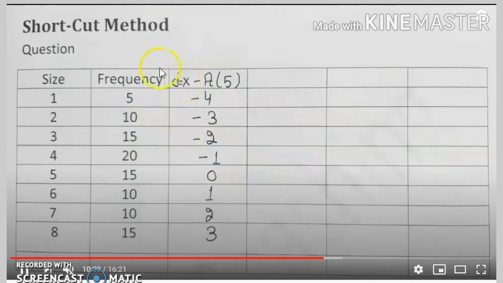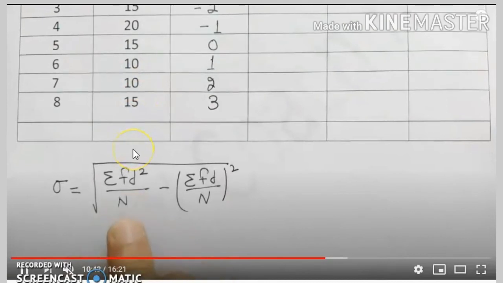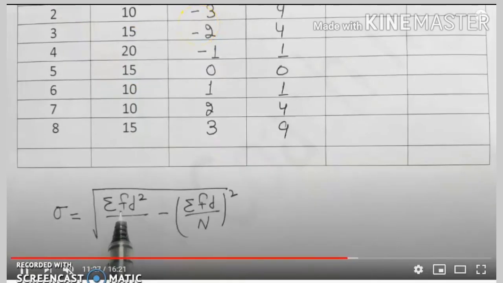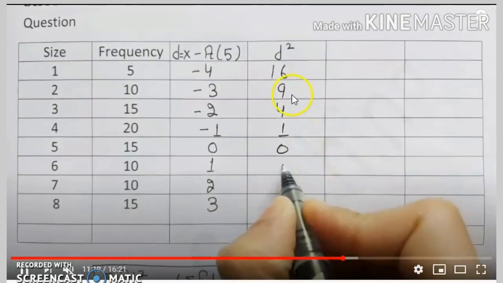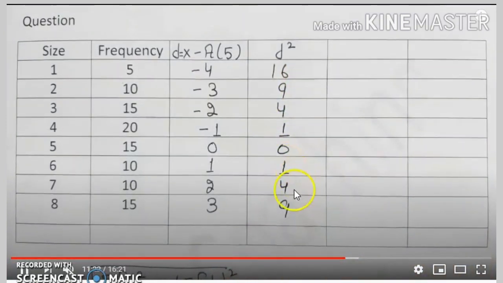Then we need fd, as per the formula. Then fd square we need. So the next column is fd. In the fd column we have to find the d square. So what is the answer for d square that we are going to see? So 16, 9, 4, 1, 0, 1, 4, 9.